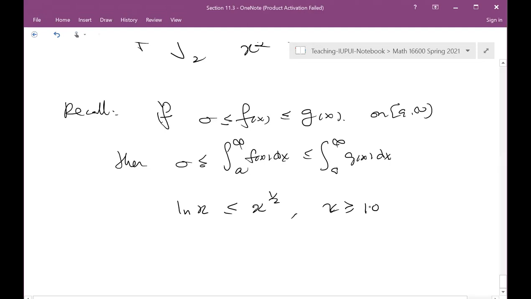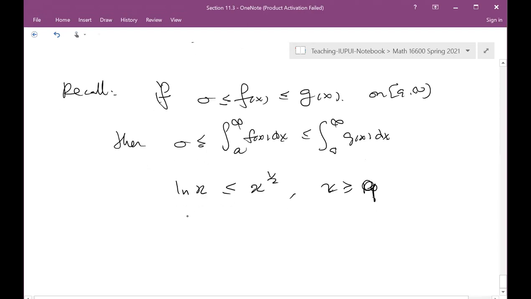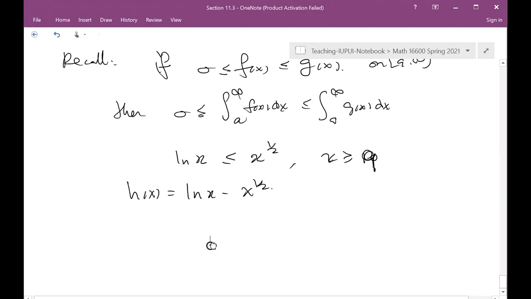Let me show you how to put it, and I claim this is true. So I take the difference. First of all, I look at the value at 9. It's natural log of 9 minus 9 to the 1/2, so it's natural log of 9 minus 3.